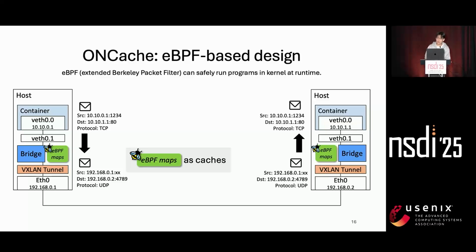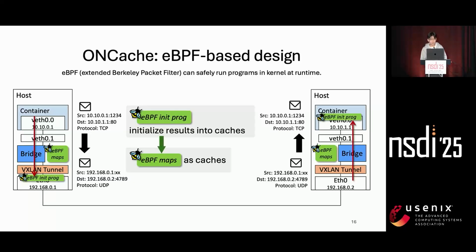Specifically, we use eBPF maps, which are like in-kernel eBPF storage, as caches. To initialize the cache, we hook two eBPF programs at the point where the egress and the ingress paths complete their processing. These programs are responsible for initializing the cache with the processing results of the first packet.